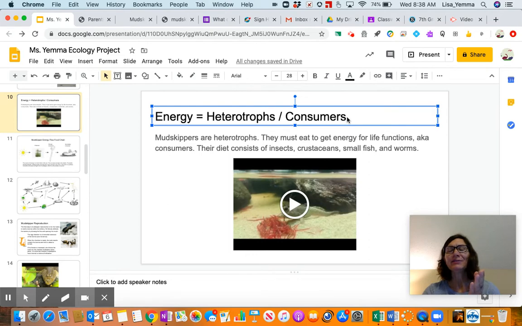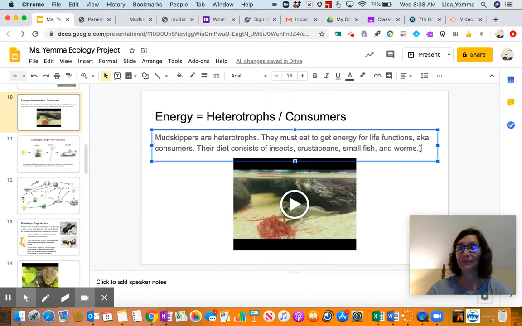No, sorry, they're not autotrophs. That's stupid. I can't believe I said that. Some eat algae instead of insects, crustaceans, small worms. So I'm going to update this and say, while some eat algae.